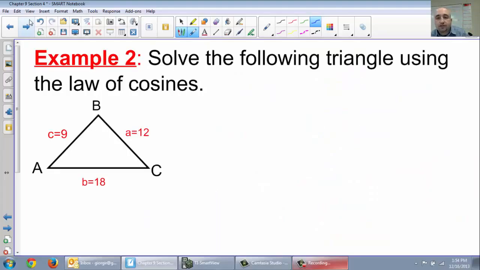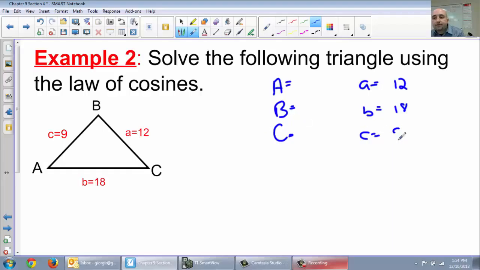All right, so I'm going to still do this the same way. I'm going to list what they give me. Angle A, angle B, angle C, little a, little b, little c. So we know a is 12, we know b is 18, and we know c is 9.